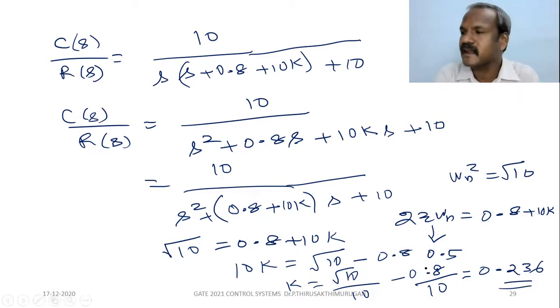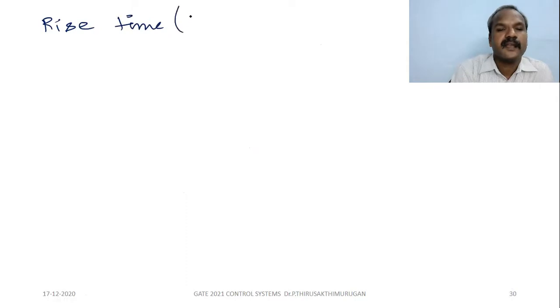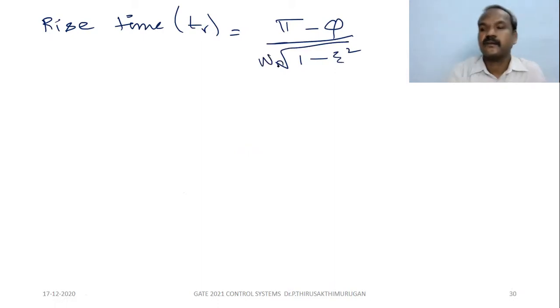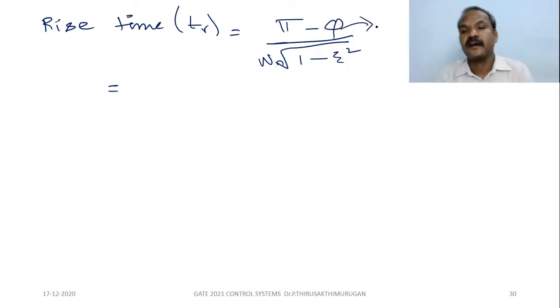Now what is the rise time? So rise time TR equal to pi minus phi divided by omega d, where omega d is omega n square root of 1 minus zeta square. For phi, you can use either cos inverse of zeta or tan inverse of square root of 1 minus zeta square divided by zeta.